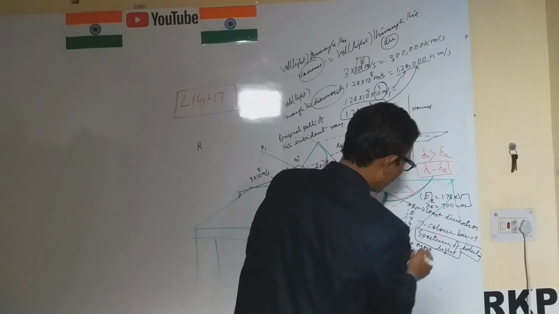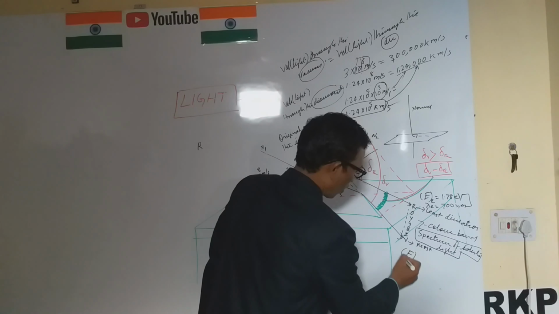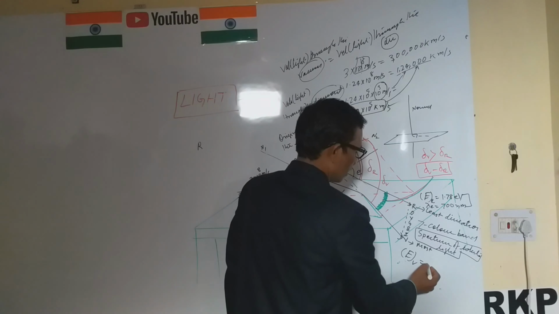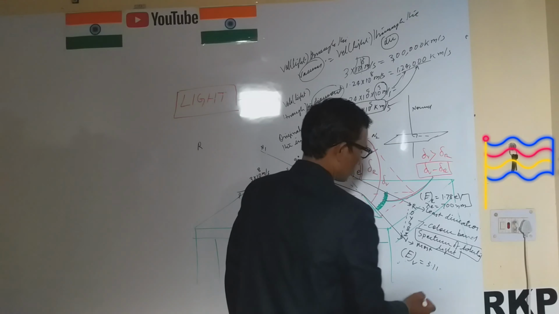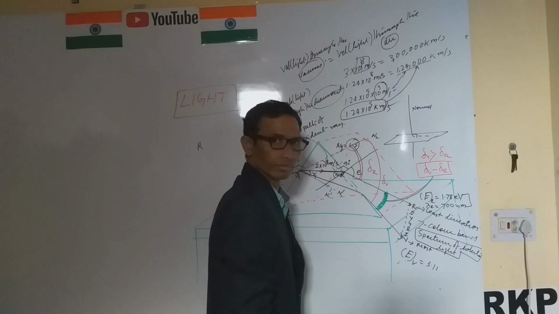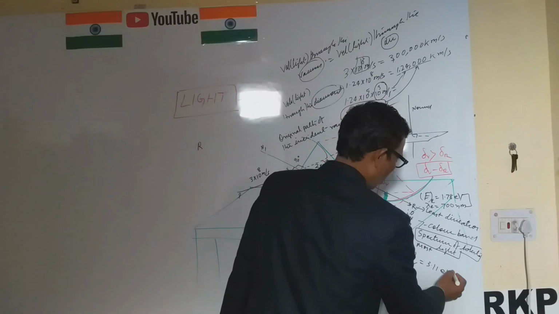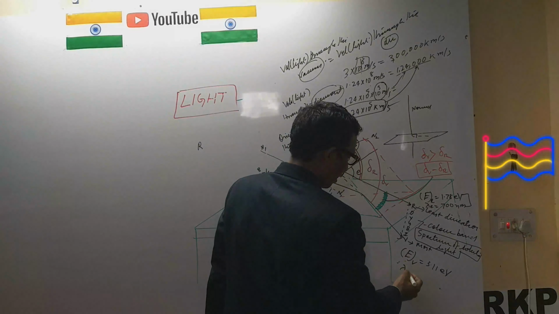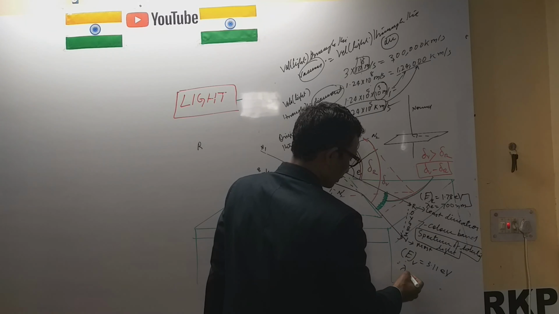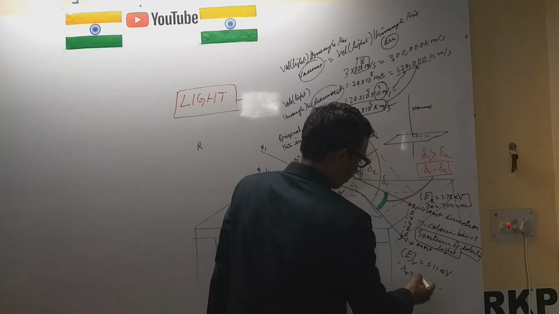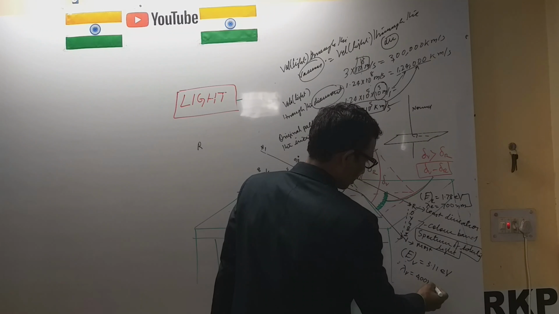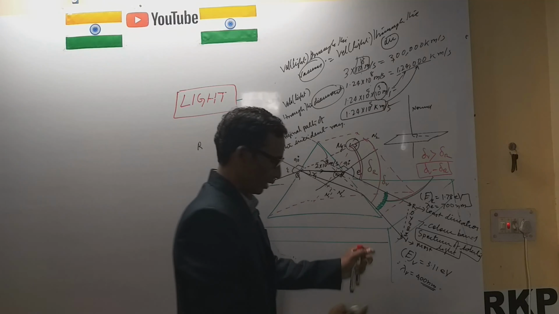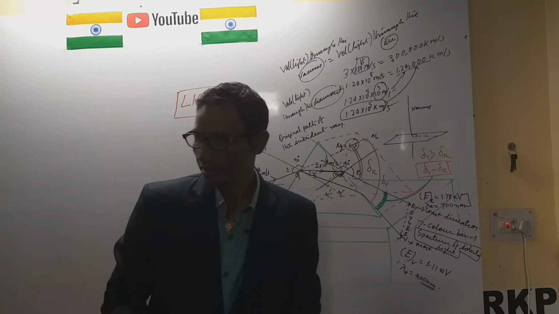And here the photon energy of violet color is 3.11 electron volt, and the wavelength of violet color is 400 nanometer.